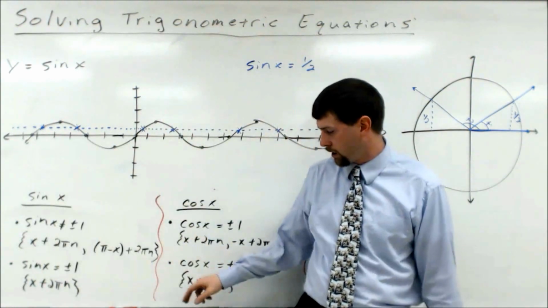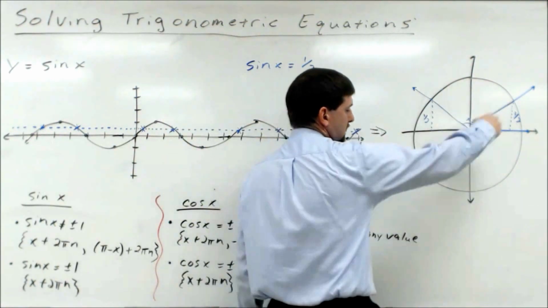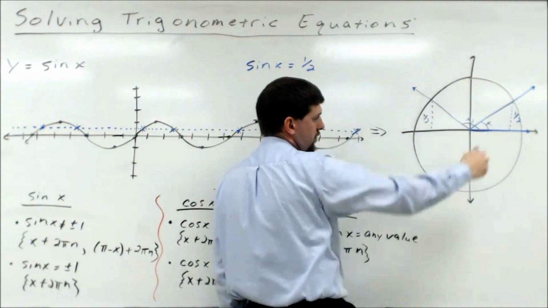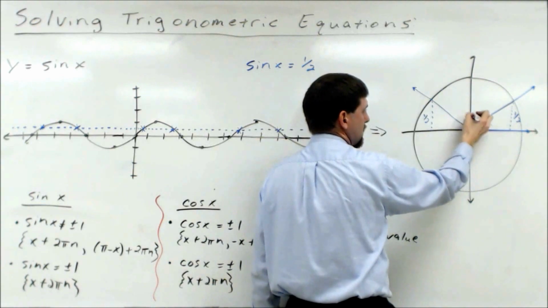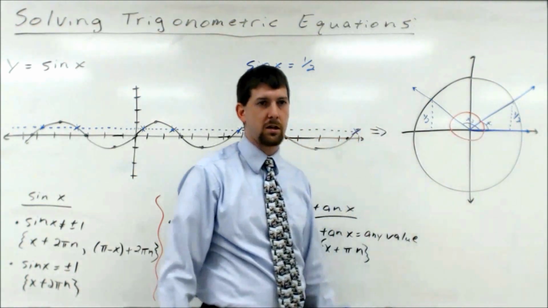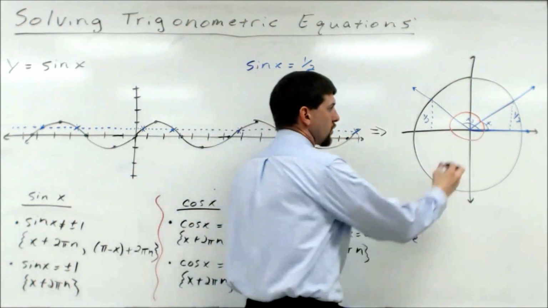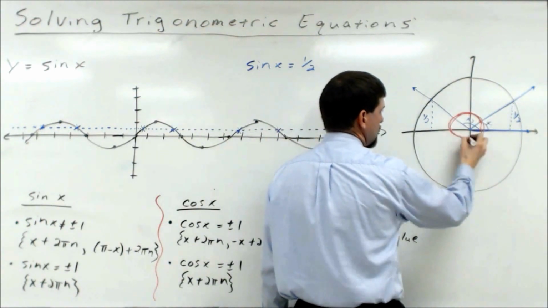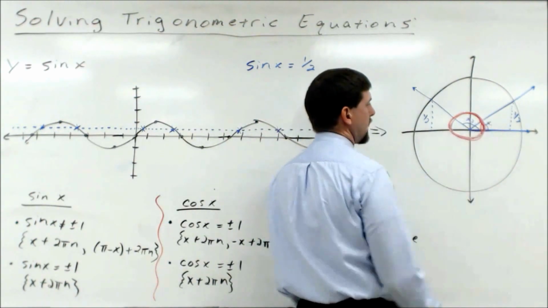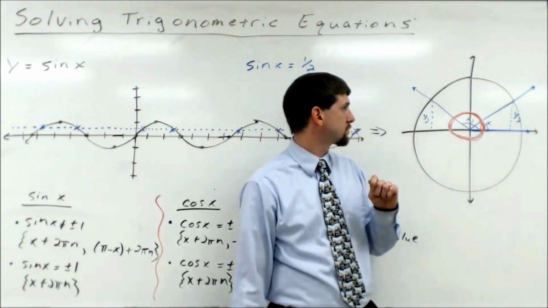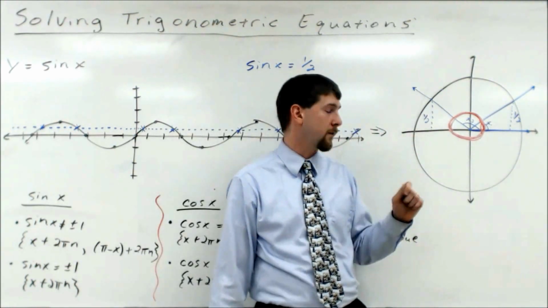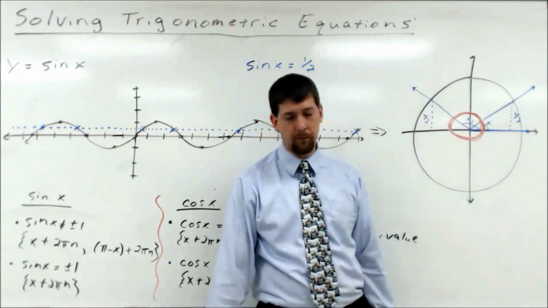And then how often does that occur? Well, how often, as I'm going infinitely many times around the unit circle, how often do I hit this pi over 6? Well, how about every 360 degrees or every 2 pi radians? So every time I rotate around 2 pi, 2 pi, 2 pi, I keep coming back to this pi over 6.